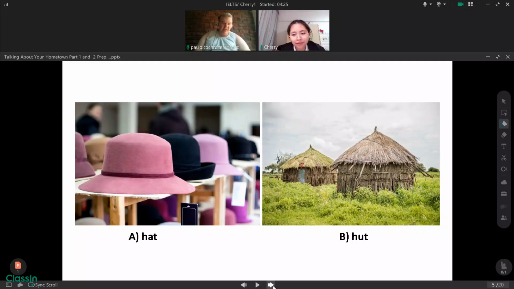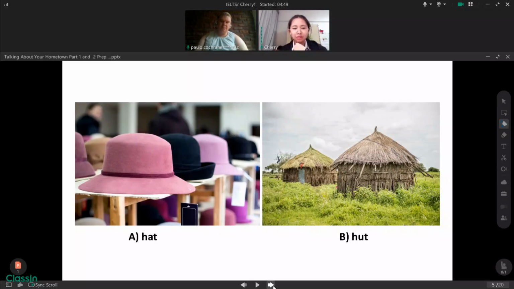What is a hat and what is a hut? Hat, and sometimes you can have a hat on your head to have a hat.